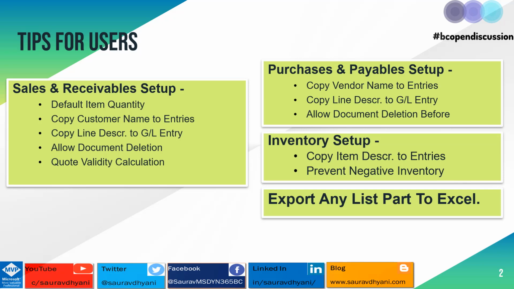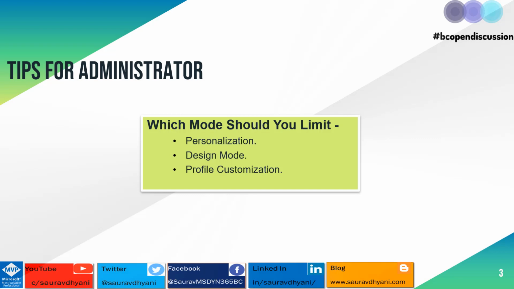The next one, which is super important, and I want to spend some time on it, is for administrators. Now, as an administrator, it's your responsibility to decide how things are done in Business Central so that it's upgradable, and it's easy for your users and for you to do certain things.